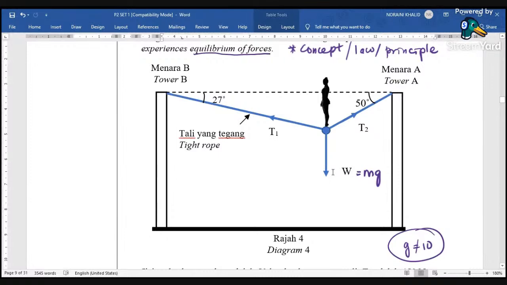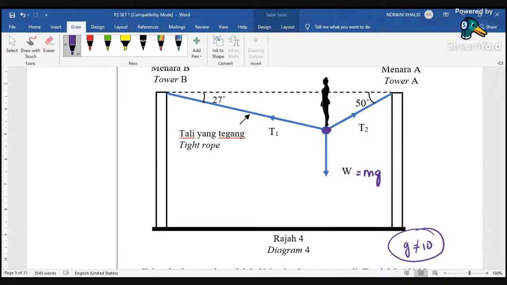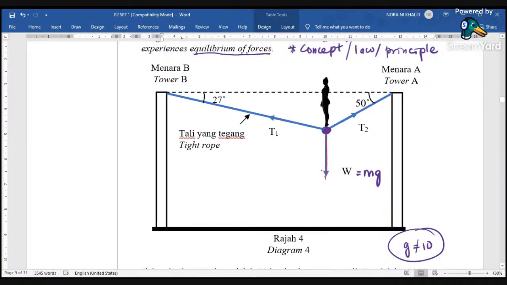We look again here. Maybe we can try to sketch here first. So this is the point of equilibrium. Normally we draw the vertical or horizontal one first. Let's say this is the first force that we draw, W. And then at the end of the first force, continue to draw the second one, T2. This is 90 degrees, so the angle here is 40 and here is 50.